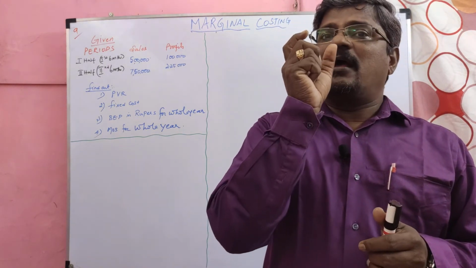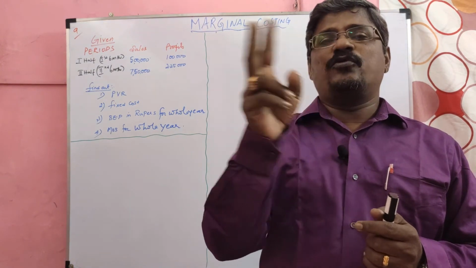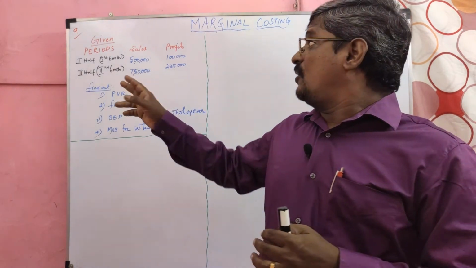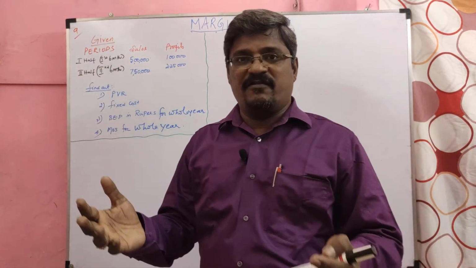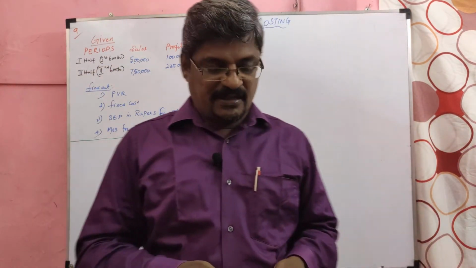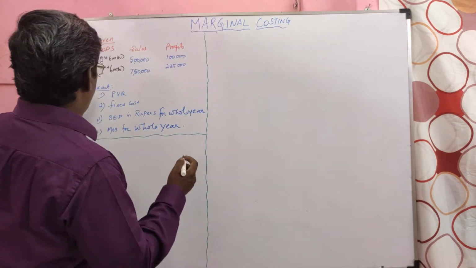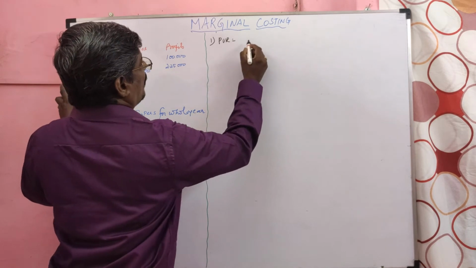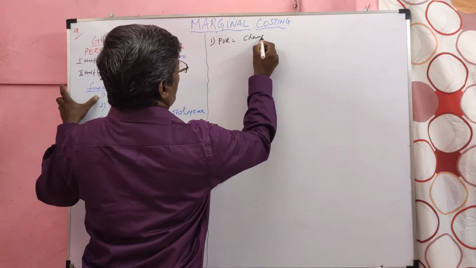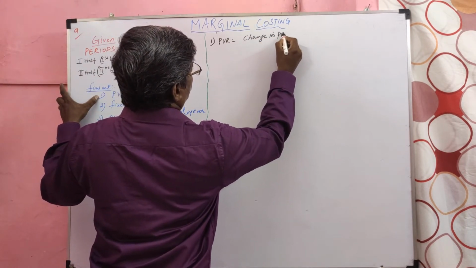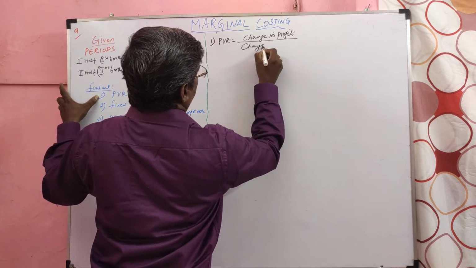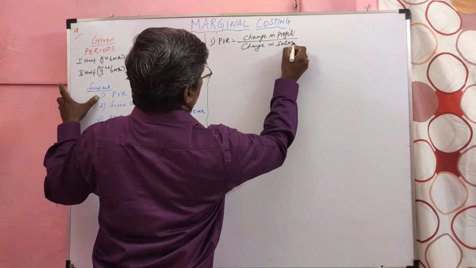So look at the period ending. If 2 years are given, that is model number 8th sum. First half year, second half year are given, adopt this method. Look at this. Same question they are asking, PVR, adopt same formula. What is the formula? Change in profit divided by change in sales into 100.